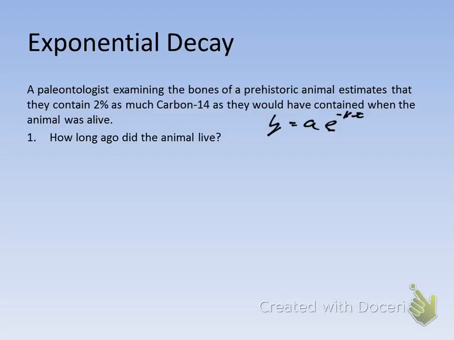What do we know? 2%. We'll come back to that in a second. We know k now. So instead of going through that whole long process to figure out what k is again, you just use 0.00012 for k, always for carbon-14. Makes sense now? I'll give it to you.